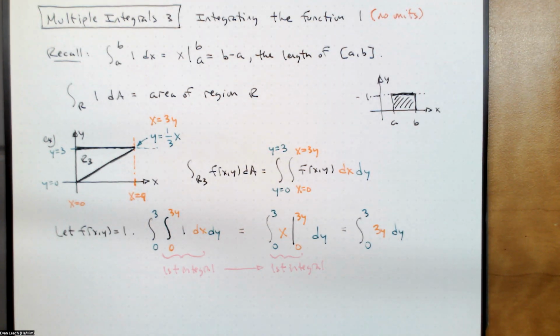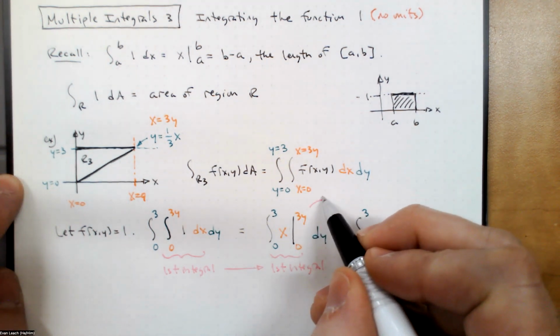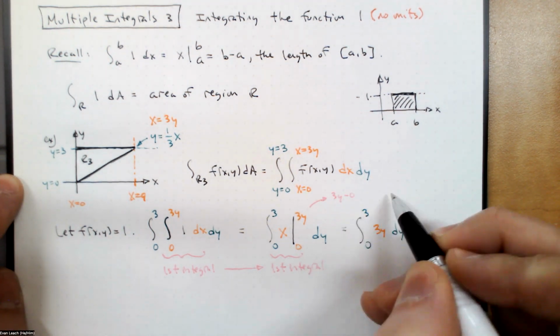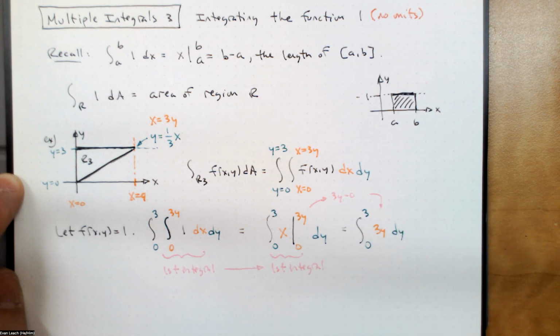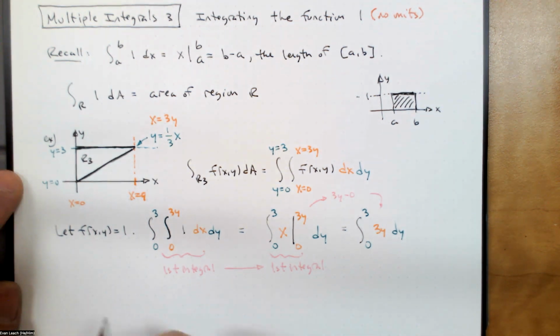We just integrate 1 dx, that gives us an x, and we plug in the endpoints from 0 to 3y. And now we have an integral with just y in it. That's why we can use functions of the remaining variables. So we first integrate with respect to x, and now we integrate with respect to y.